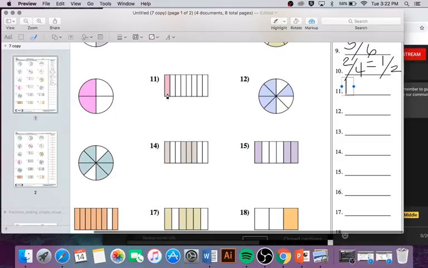Number 11, we have 1, 2, 3, 4, 5, 6, 7, 8 parts in our whole. 8 becomes our denominator. And we have 1 part shaded in, so 1 is our numerator.